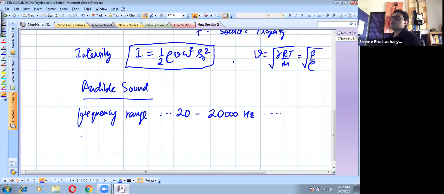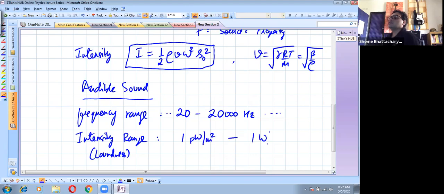But there is also the intensity range. You can think of intensity approximately as loudness. So that is from 1 picowatt per meter square to 1 watt per meter square. That is 1 into 10 raised power minus 12 watt per meter square, to 1 watt per meter square.